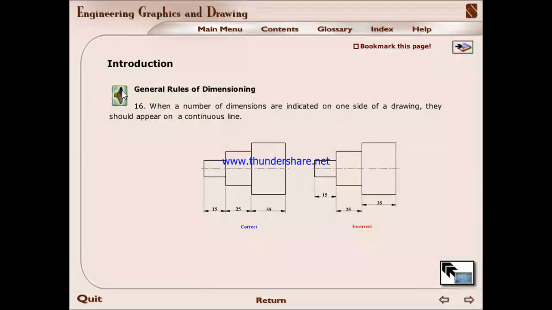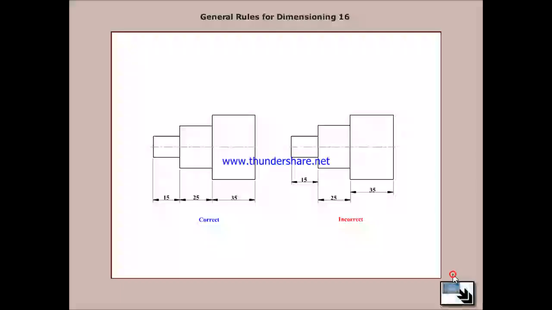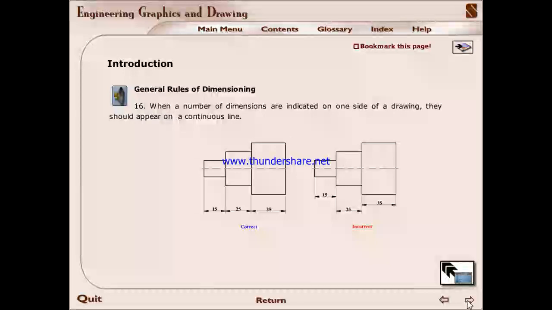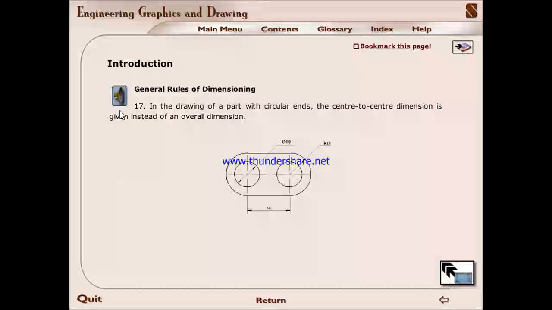When a number of dimensions are indicated on one side of a drawing, they should appear on a continuous line. In the drawing of a part with circular ends, the center-to-center dimension is given instead of an overall dimension.